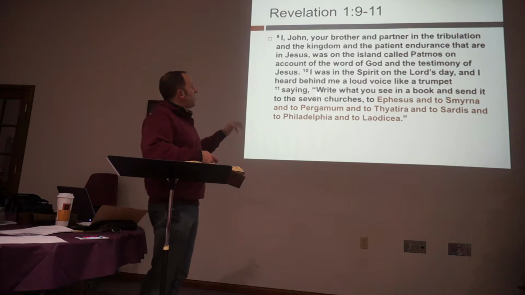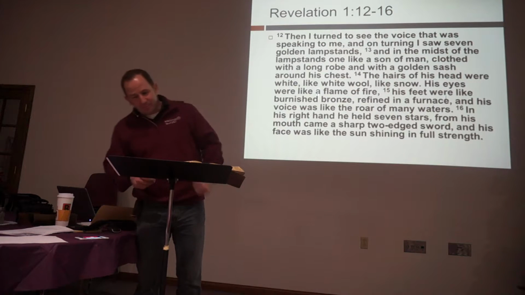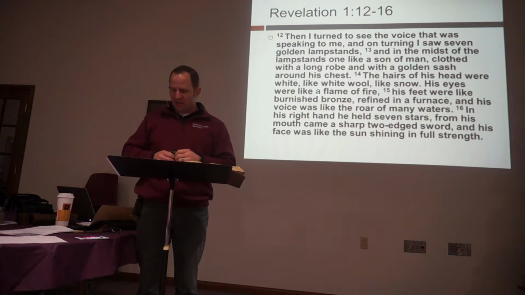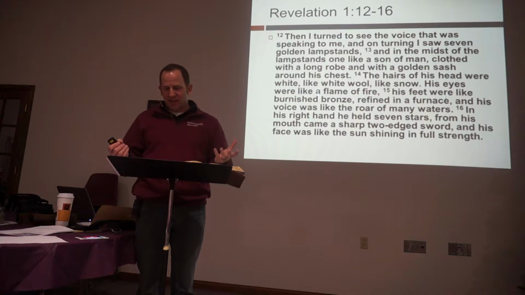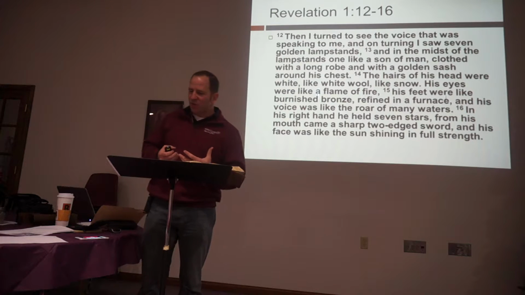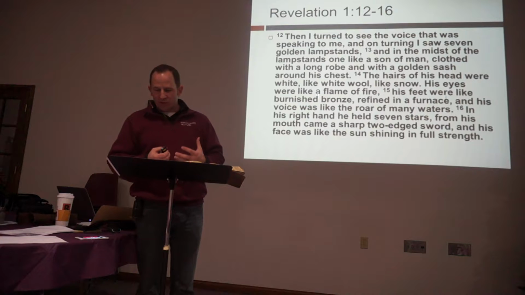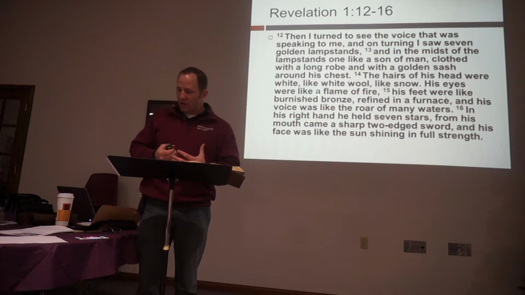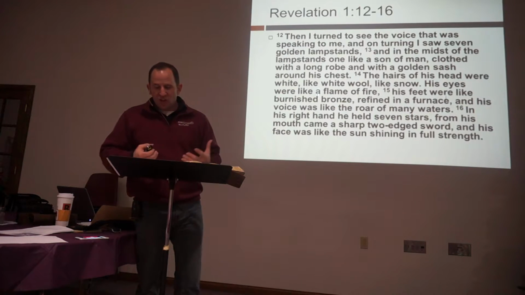So moving on, starting at verse 12, it says this: Then I turned to see the voice that was speaking to me. And on turning, I saw 7 golden lampstands, and in the midst of the lampstands, one like a son of man, clothed with a long robe and with a golden sash around his waist. The hairs of his beard were white, like white wool, like snow.